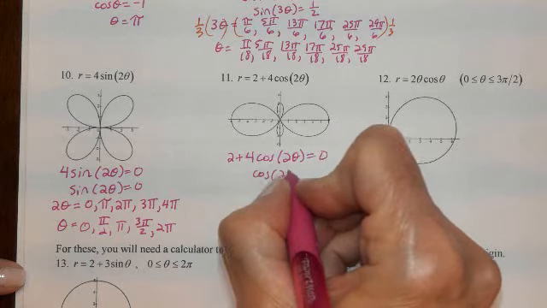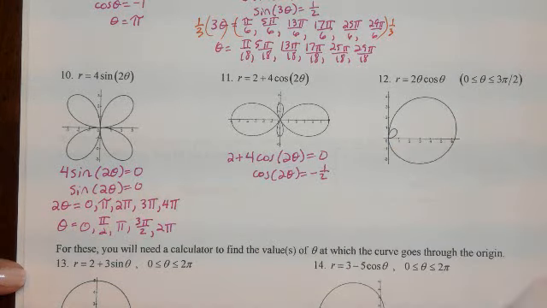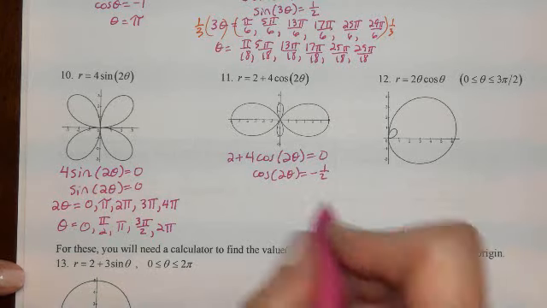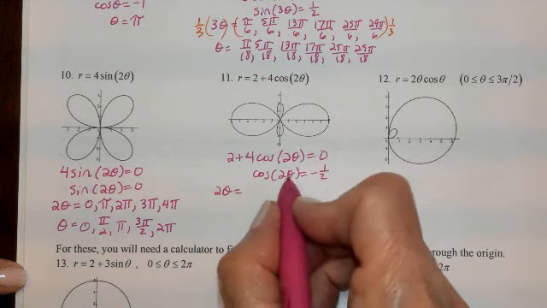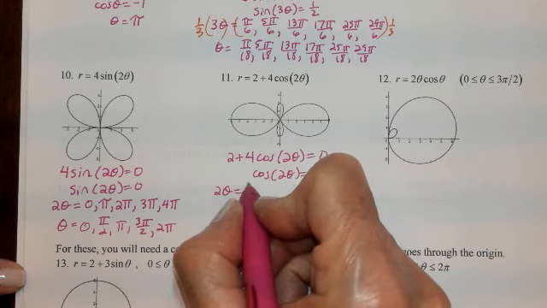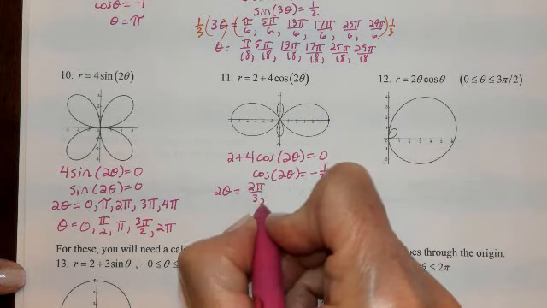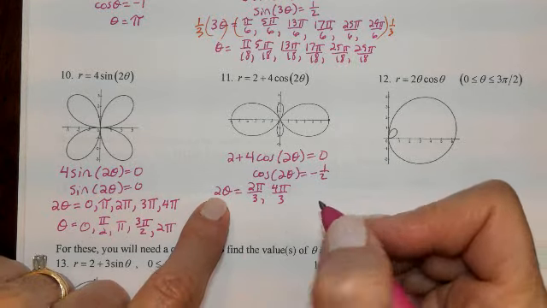So cosine of 2 theta would be negative 1/2 when you subtract the 2 and then divide by 4. So 2 theta would be, I need the angle that makes cosine negative 1/2. So that would be 2 pi over 3, 4 pi over 3, and then I need one more set.